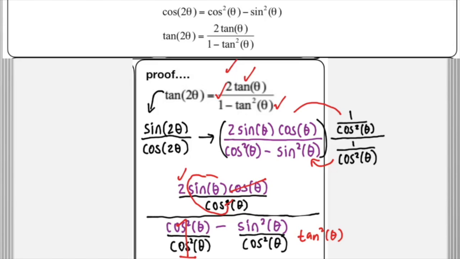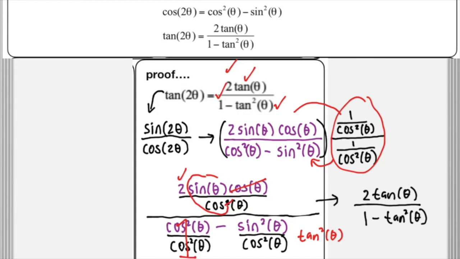So at the end of the day, what's left is 2 tangent theta all over 1 minus tangent squared theta. That one, due to this step right here, is not as intuitive as the other ones, but this is the form in which most textbooks recognize as the best way to state the formula.